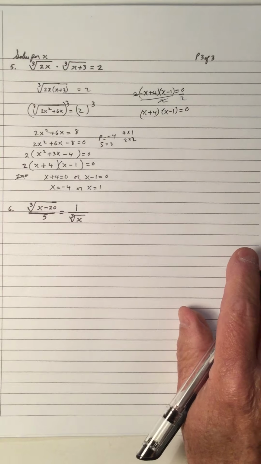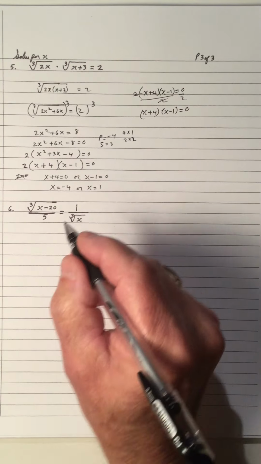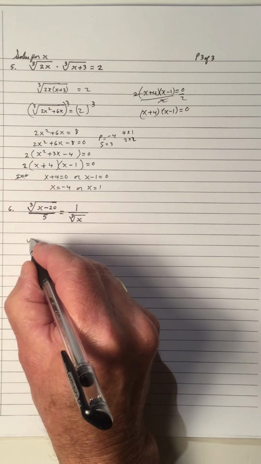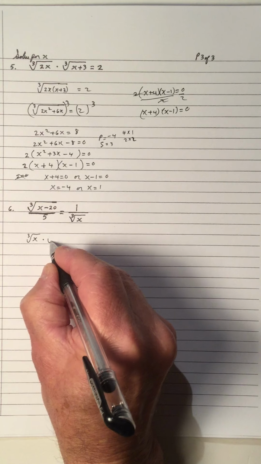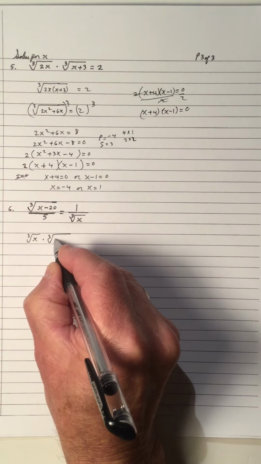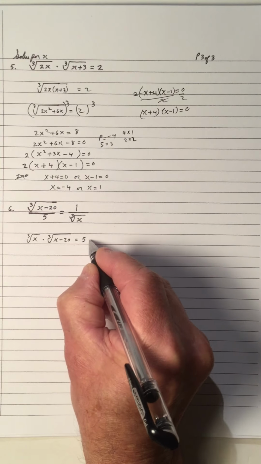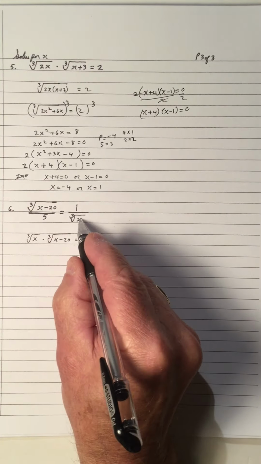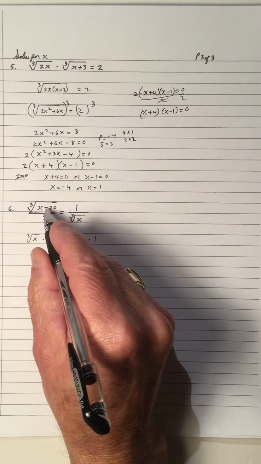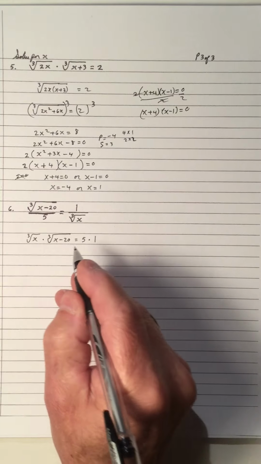Number 6, we have two fractions again. Because we got two fractions, we're going to cross multiply. So cube root of x times the cube root of x minus 20 equals 5 times 1. We're cross multiplying, and notice I put this one in front. You could have this one times this, but I decided to put the cube root of x in front.